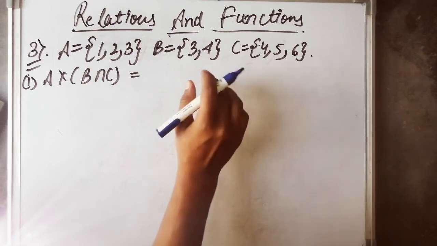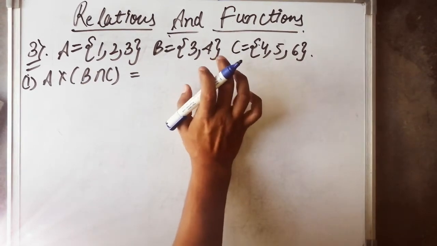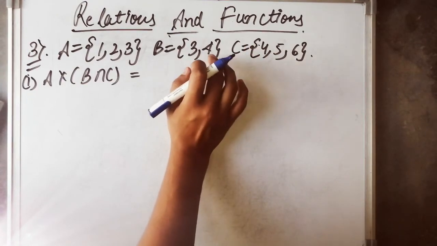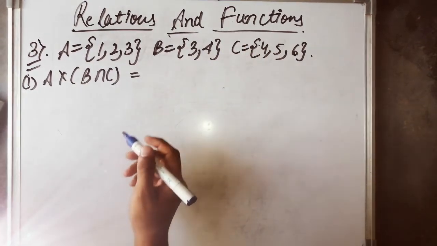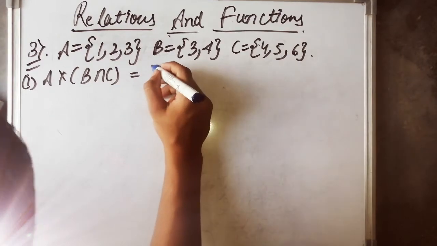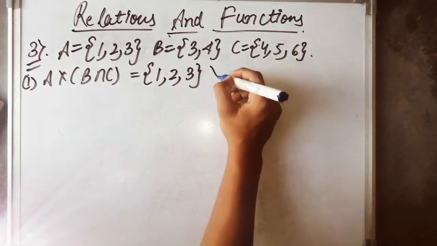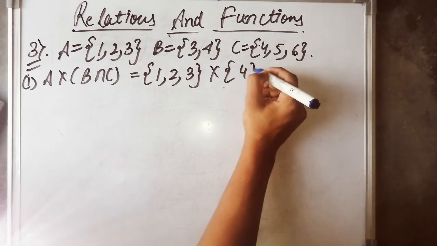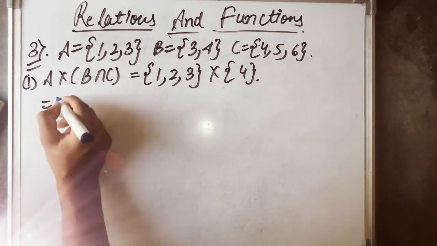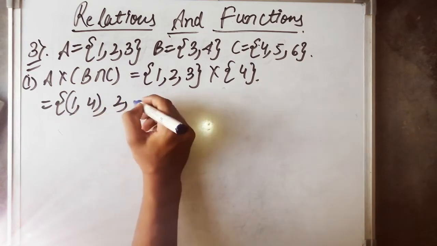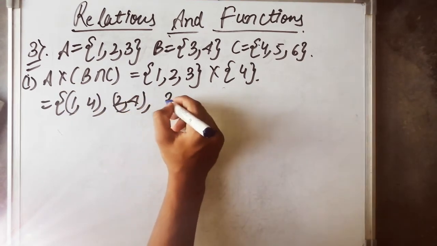So what is B intersection C? B intersection C is only {4}, because the only element common in B and C is 4. So {1, 2, 3} cross {4} equals (1, 4), (2, 4) and (3, 4). That's it.